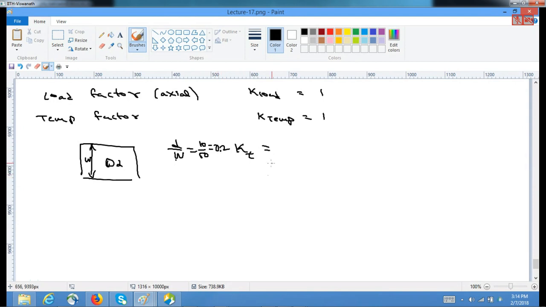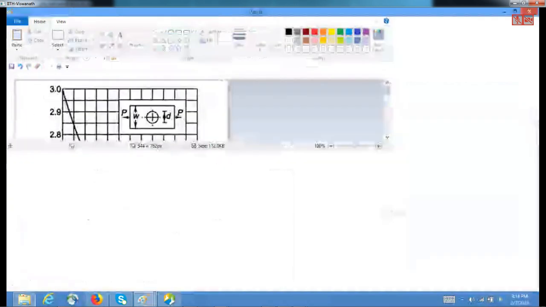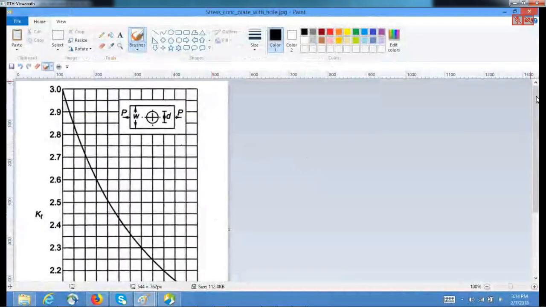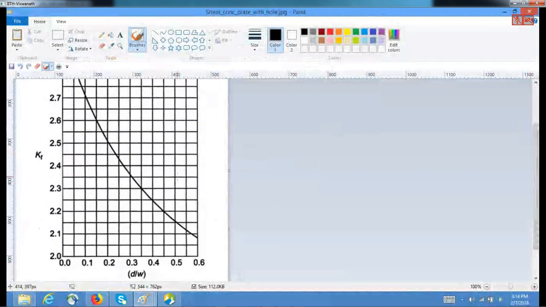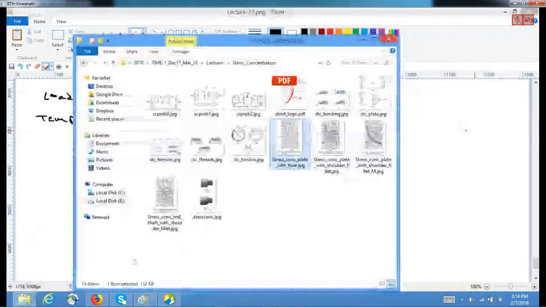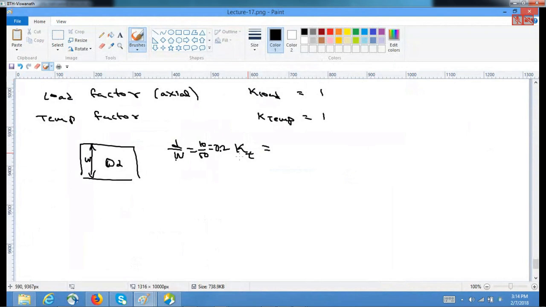For 0.2, we see the value of KT, the theoretical stress concentration factor, is around 2.51 from the table.